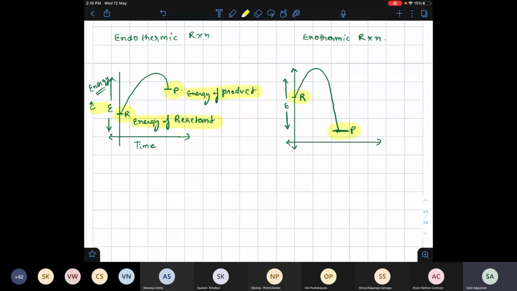Here, energy of product is less than energy of reactant. Here, energy of reactant is greater than energy of product. Any doubt in these graphs?